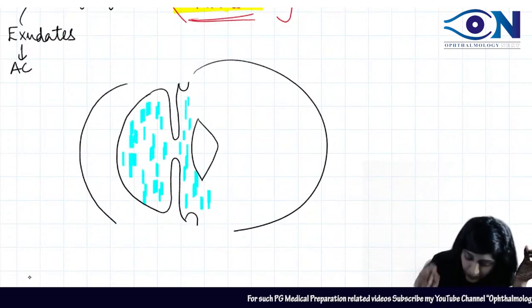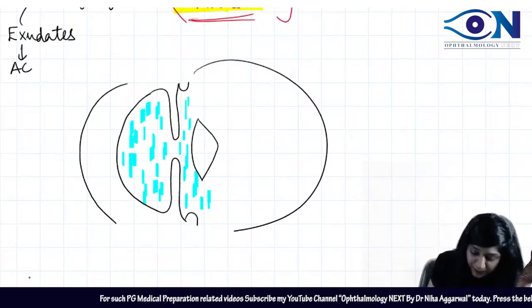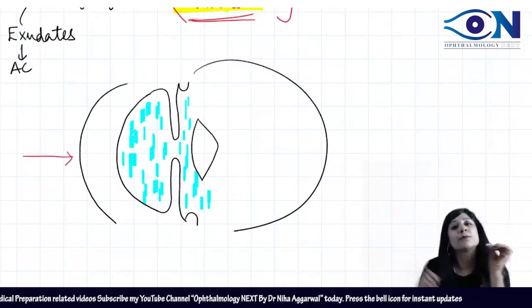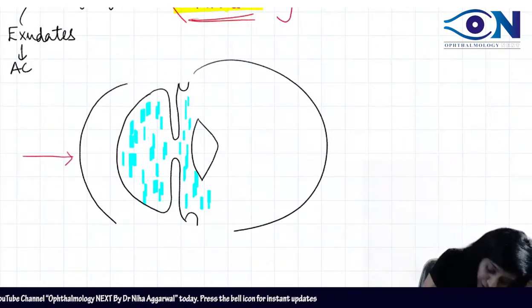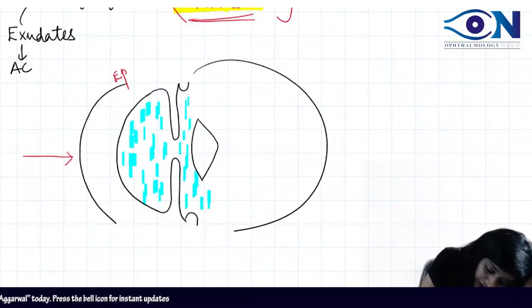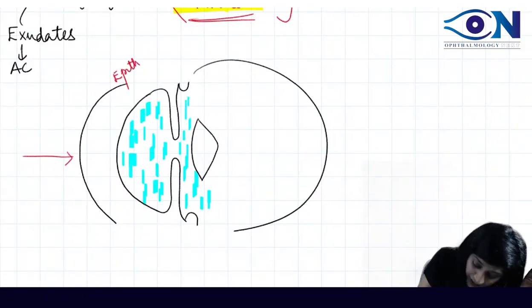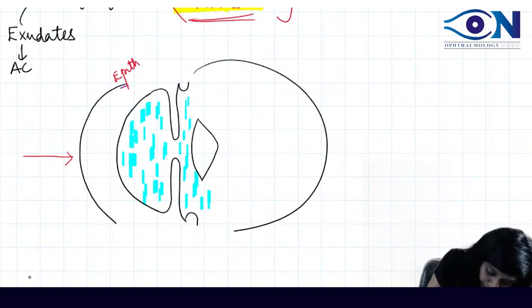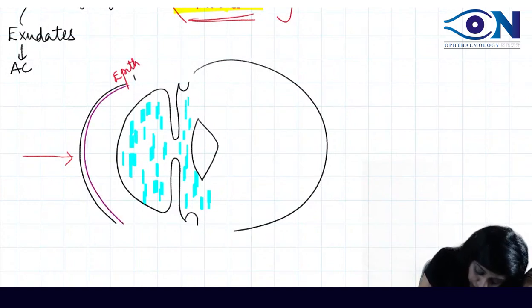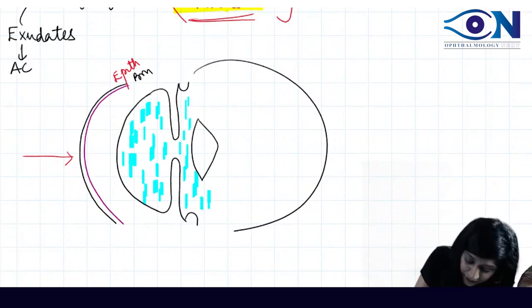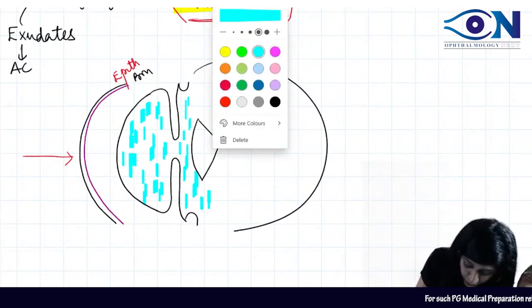Now, if I am having penetration from the bacteria, first of all, it will go to the epithelium. This is the epithelium. Then it will go to the Bowman's membrane. Then we will have the stroma.